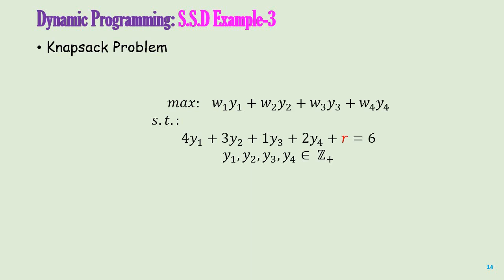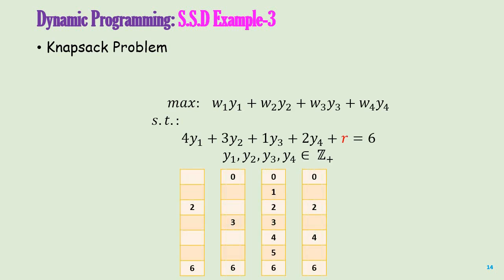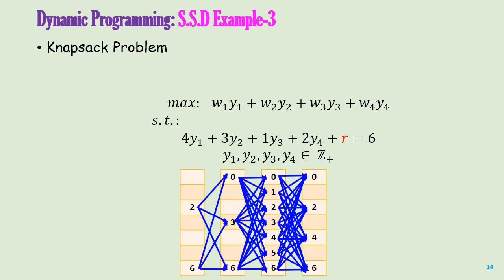For example, you can see that these are the possible states in the stages. For instance, if you have 0 items of type 4, then the remaining capacity is 6. If you place 1 item of type 4, then the remaining capacity is 4. If you place 2 items of type 4, the remaining capacity is 2. And these are the possible decisions that you can make for the dynamic programming problem.